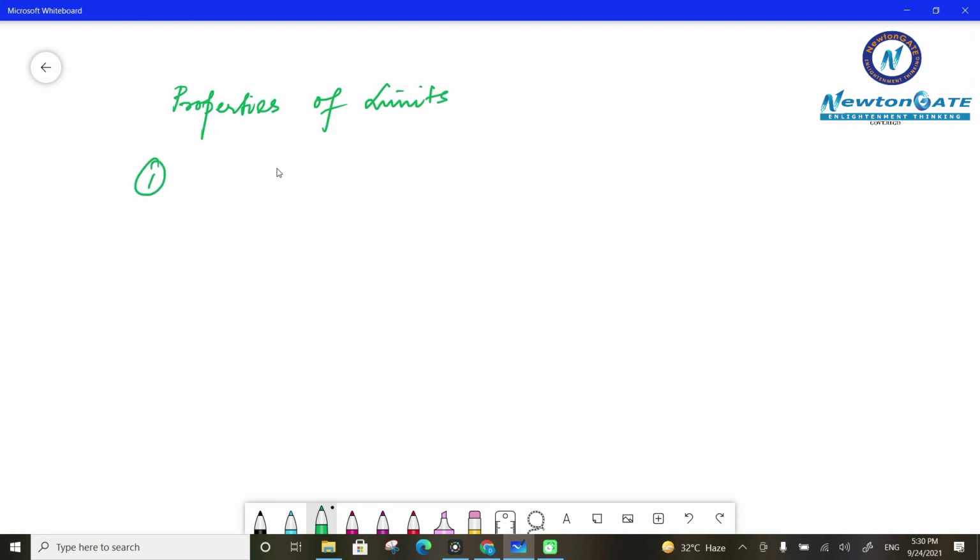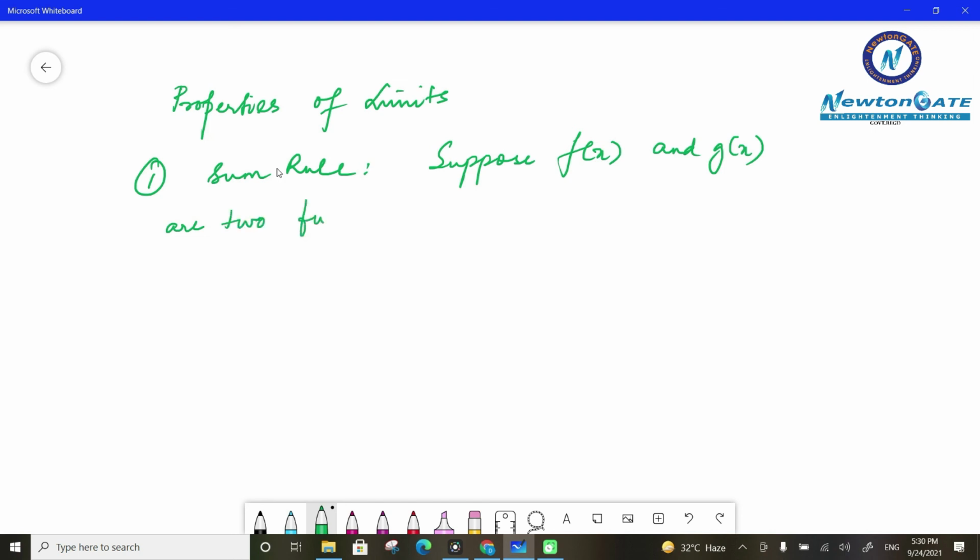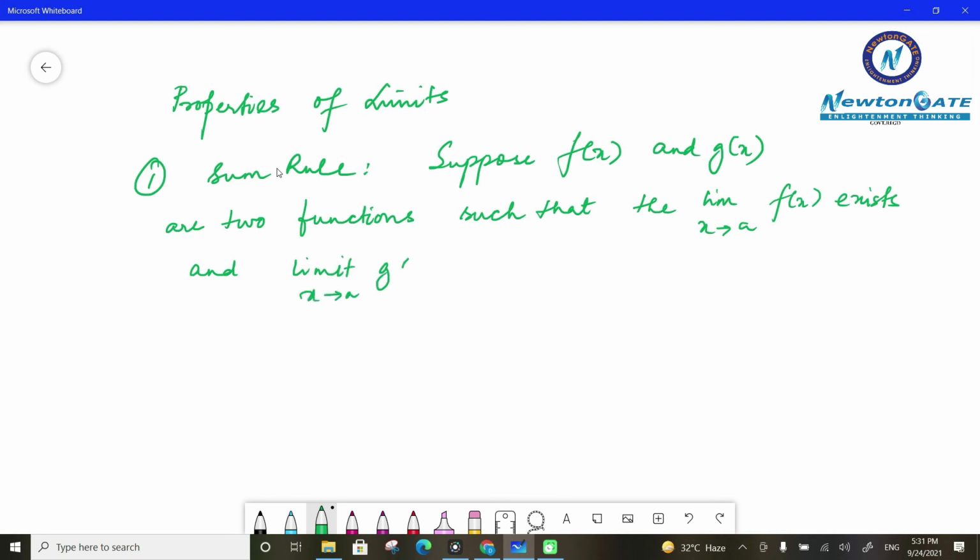So first is my sum rule. Now suppose f(x) and g(x) are two functions such that the limit as x tends to a of f(x) exists, and the limit as x tends to a of g(x) also exists.